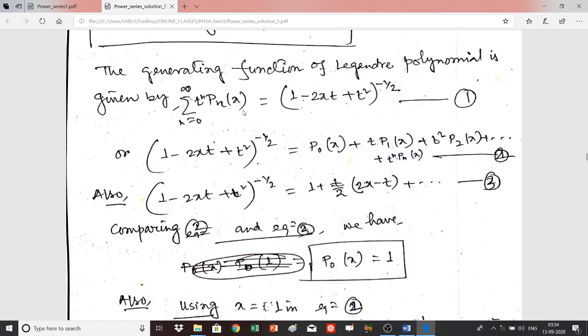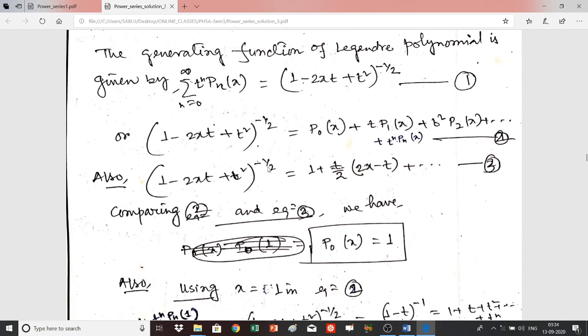Writing out different values of n, the first term is t to the power 0, that means 1, times P0(x), then t times P1(x), then t square times P2(x), etc., and the last term will be t to the power n Pn(x).